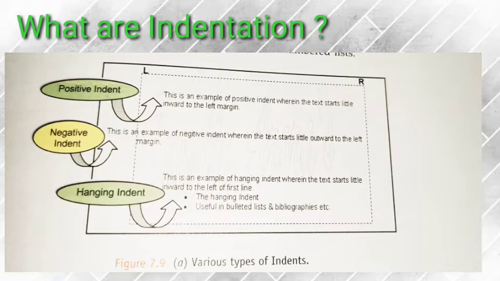And when the text is hanging, means whenever you write certain kind of text which is hanging within the page margin, or sometime which you write describe some kind of points using the bullets and numbering, so the text is hanging within the boundary, it is not in the positive or not in the negative, so that is called as hanging indent.